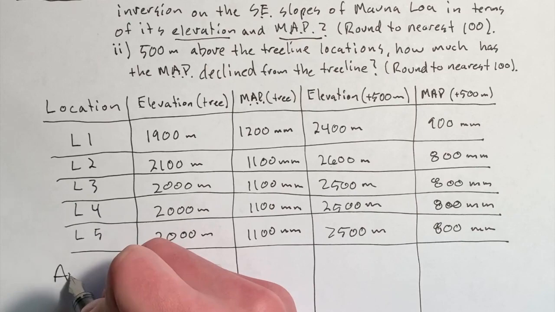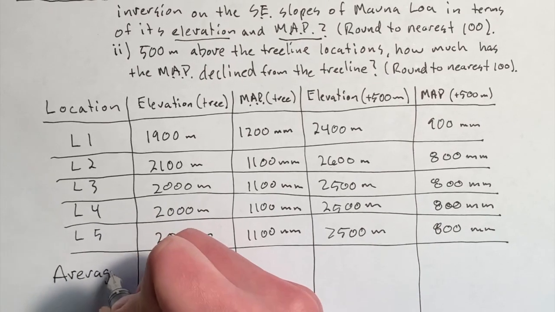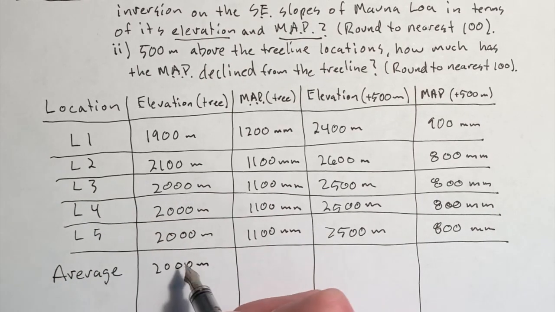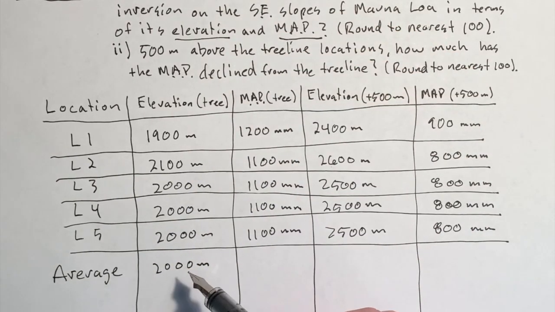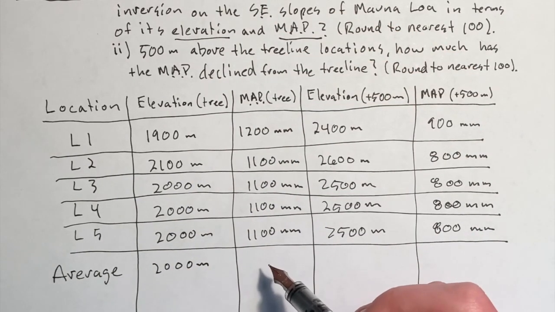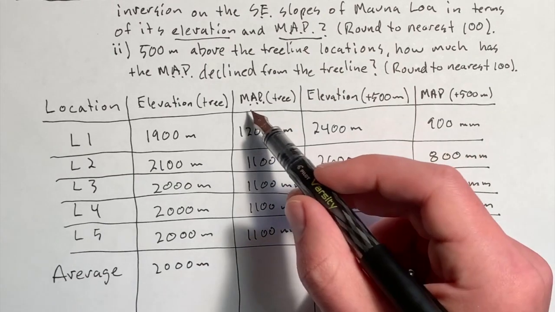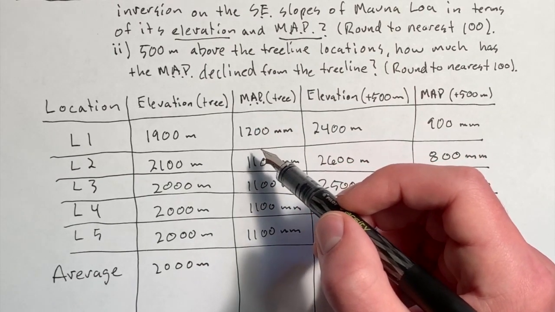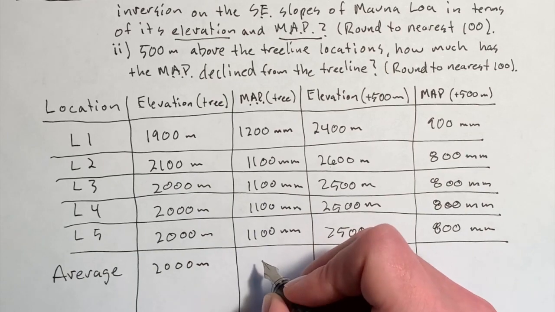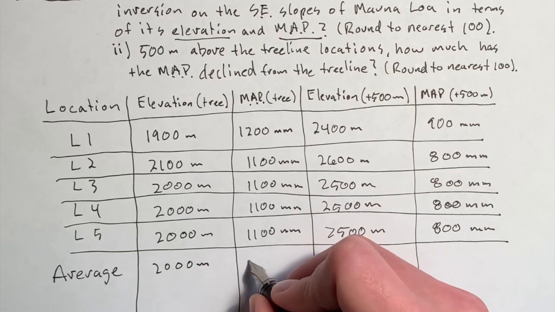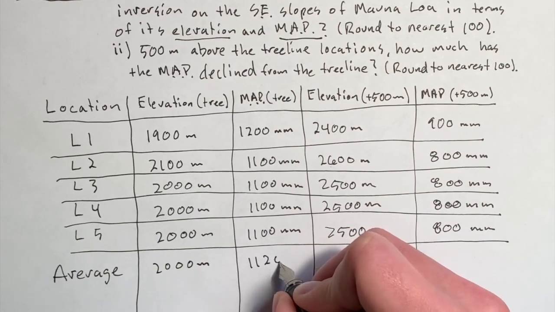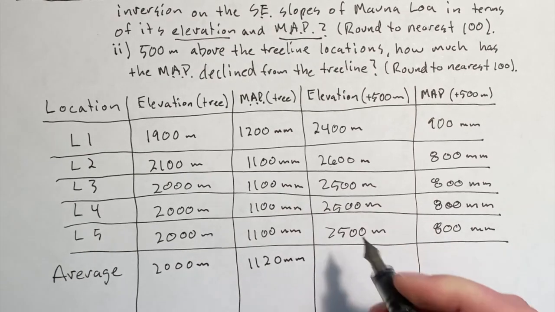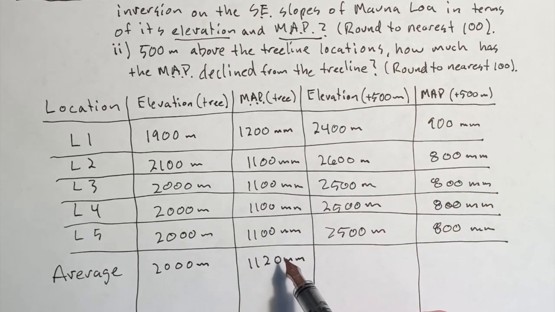So we're going to make an average. Our average elevation is going to be 2000 meters. Awesome. Our mean annual precipitation is going to be 1120 millimeters. Add up all of these, divide it by 5, 1120.